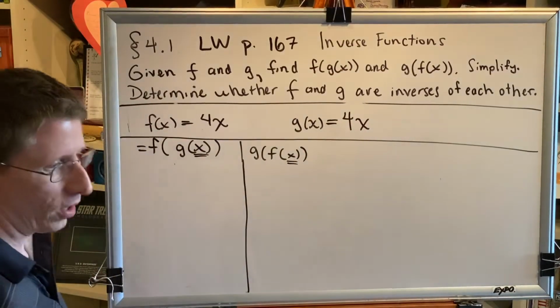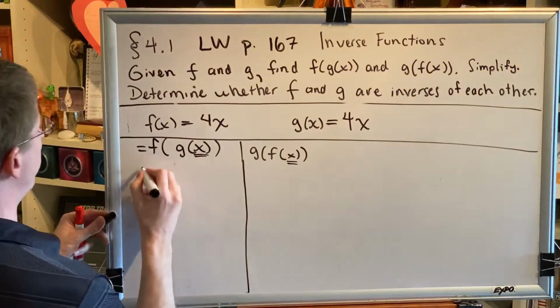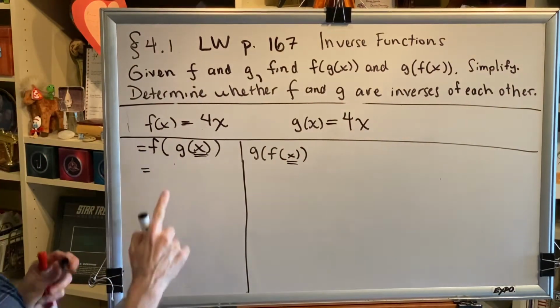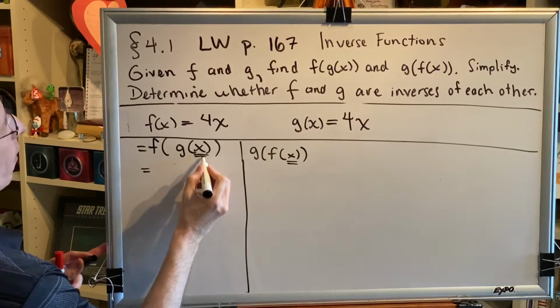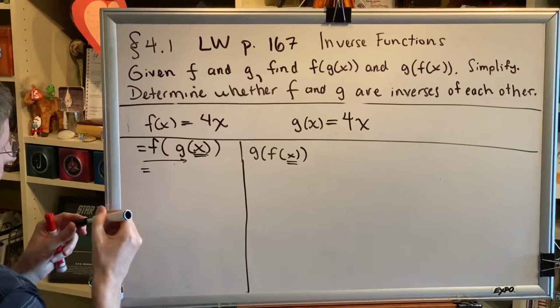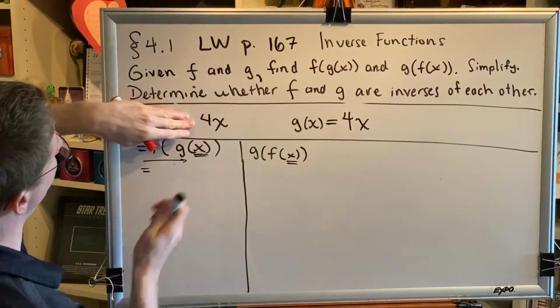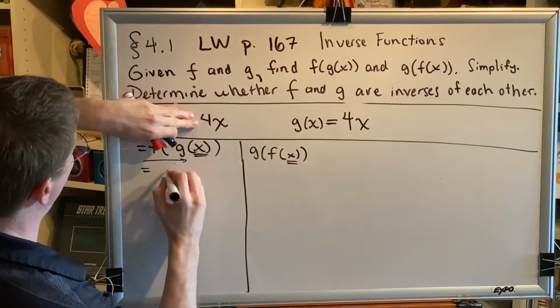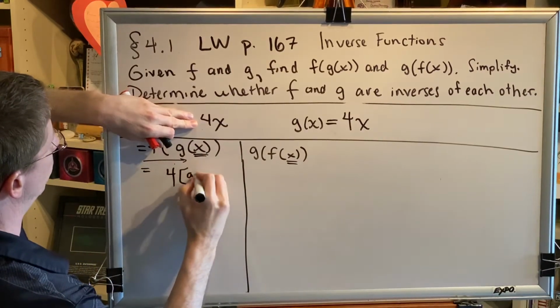They're the same function. Let's see if they're inverses of each other. All right, so same process. First, we need to compute f of g of x. The input is a variable, so we work from the outside in. So I need to use function f, specifically the right-hand side, but everywhere I see an x, I need to put g of x instead.